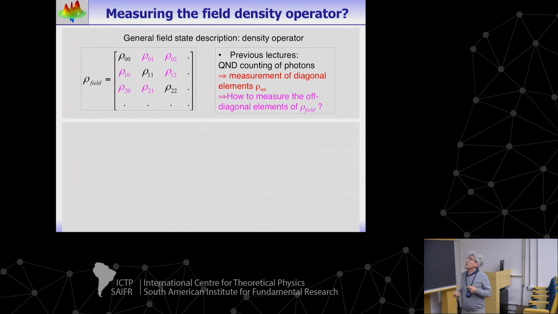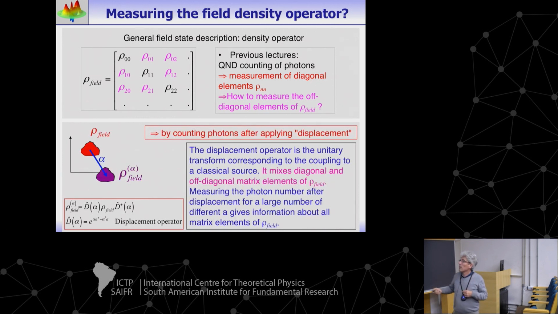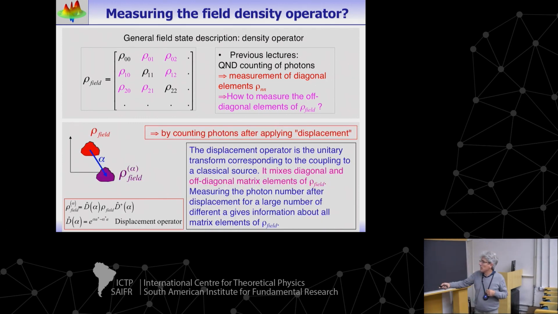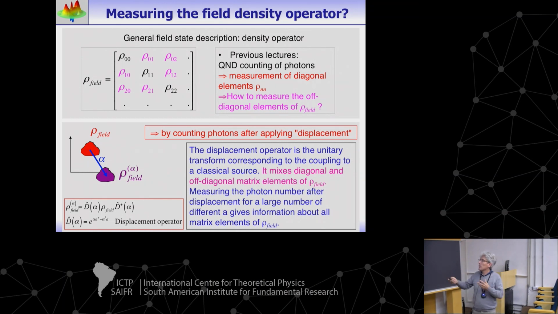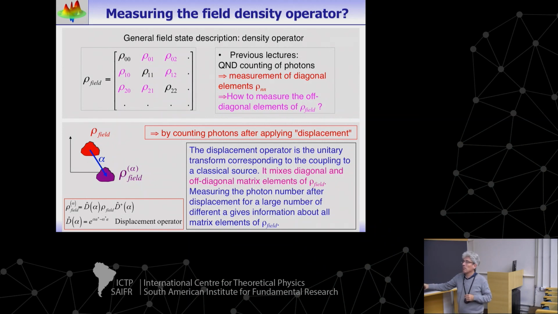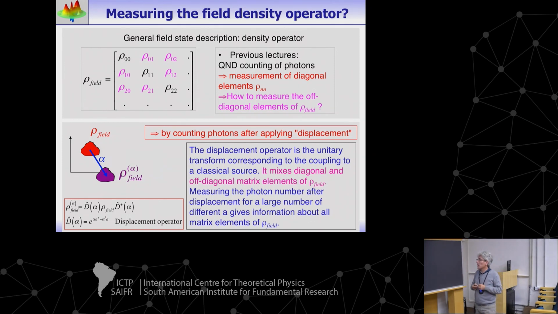But indeed, there is a trick to convert off-diagonal elements into diagonal elements. And the trick is very simple. It's the displacement operator I already mentioned. If you have an arbitrary quantum state of the field and apply the displacement operator in the complex plane, so your arbitrary state is here represented by a kind of arbitrary shape, you can just translate it in the complex plane by applying the displacement operator D(α) that you can physically realize easily.